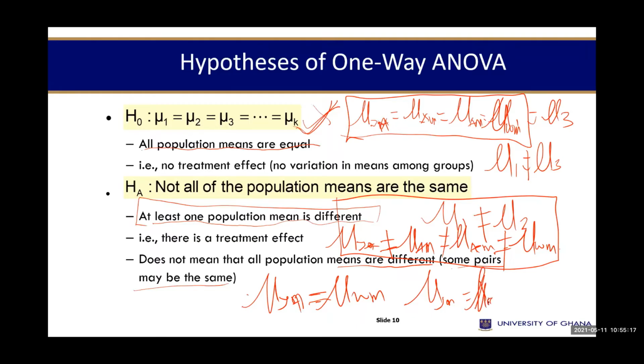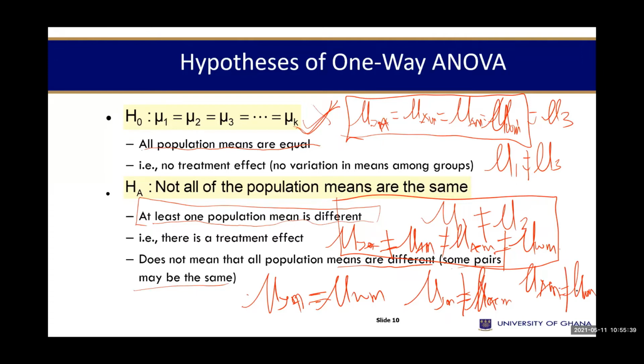After estimation, we may conclude that the difference is between Junction Mall and Achimota Mall, or maybe Accra Mall and West Hills Mall. Their sales volumes are not the same.